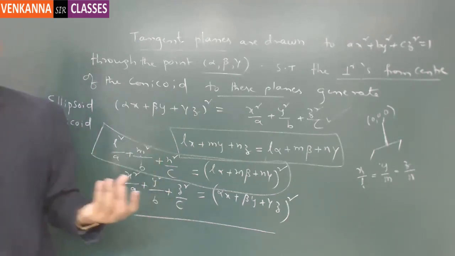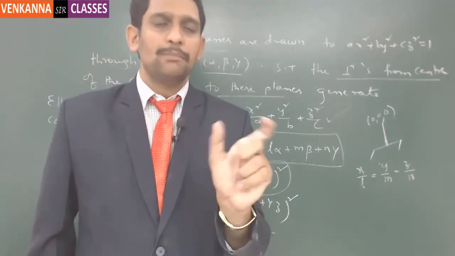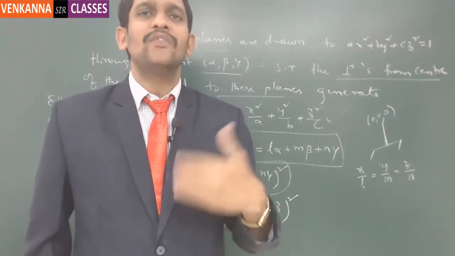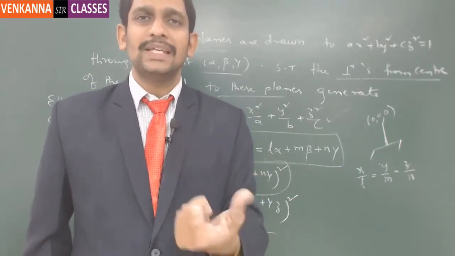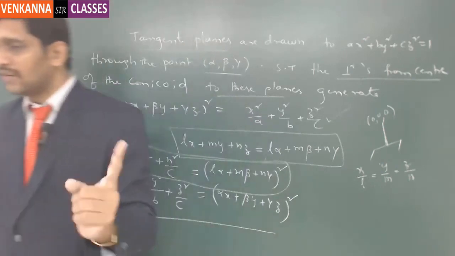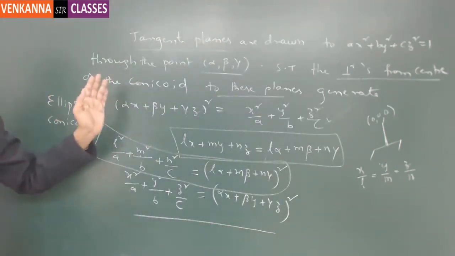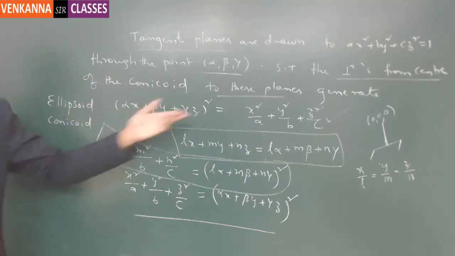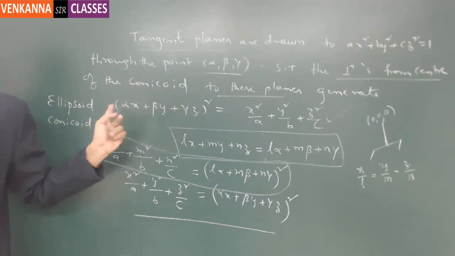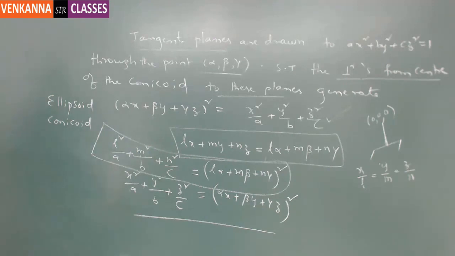So we have studied that whenever you take a homogeneous equation based on origin, it always gives a cone equation, and the vertex of the cone is nothing but origin. We have given one statement earlier. So if the question further asked to comment about the locus, we say that the locus is nothing but a cone. So you take a note of that. The locus is nothing but a cone.